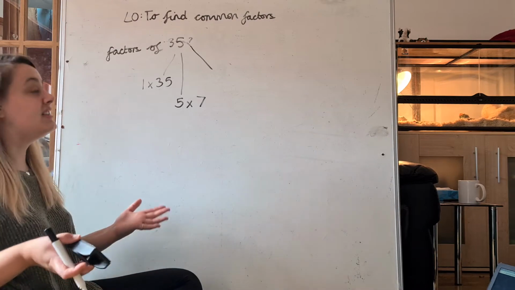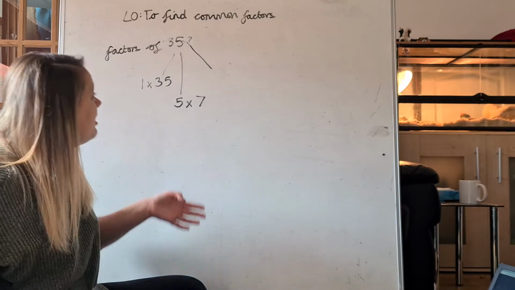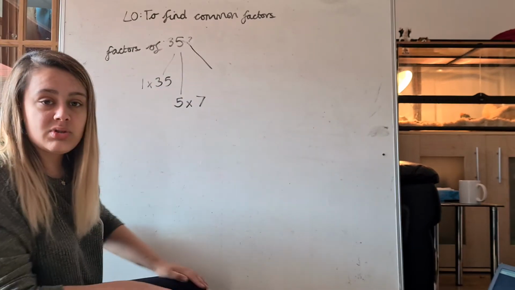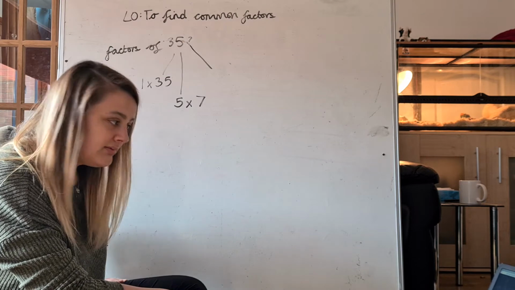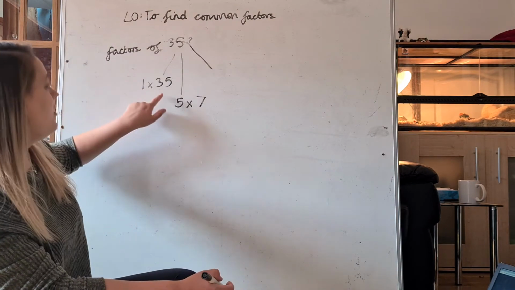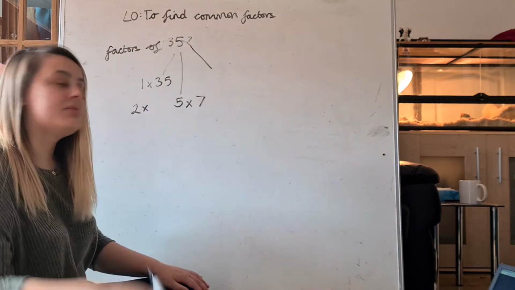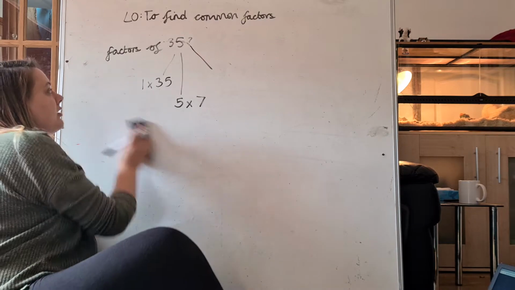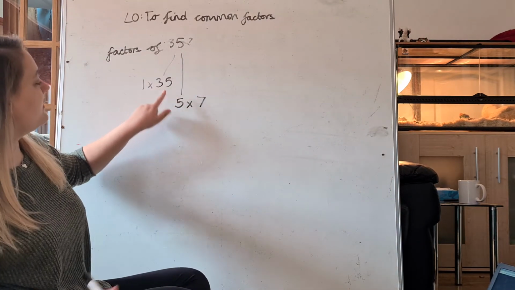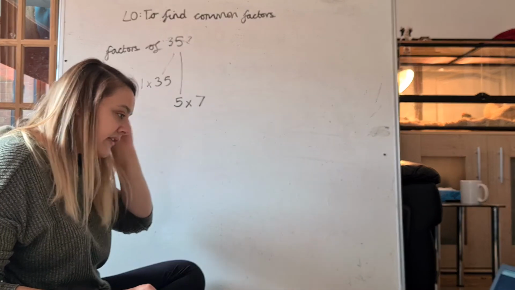No, it would have to be 36. 13? No. Let's try 14. No. 15? No, because we've checked 2 times and 3 times, so it can't be anything else. So those are the 4 factors of 35: 1, 35, 5 and 7.